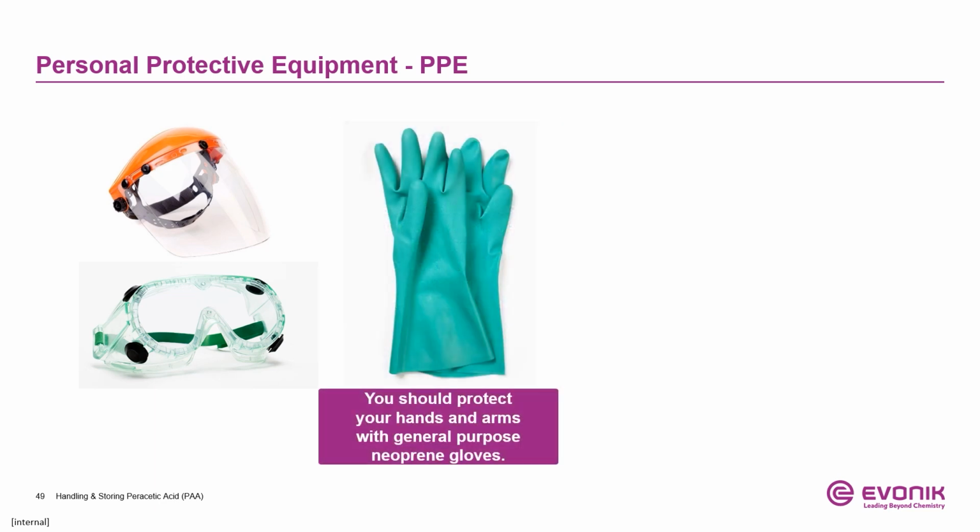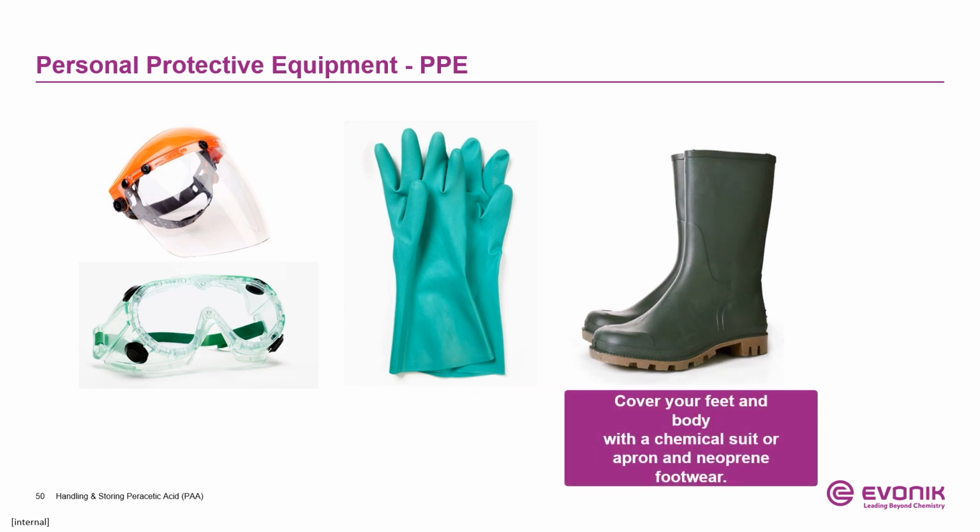You should protect your hands and arms with general-purpose neoprene gloves. Protect your body with a compatible chemical impervious suit or apron. Wear neoprene chemical boots. Consult Evonik and PPE manufacturers to determine appropriate compatibility.